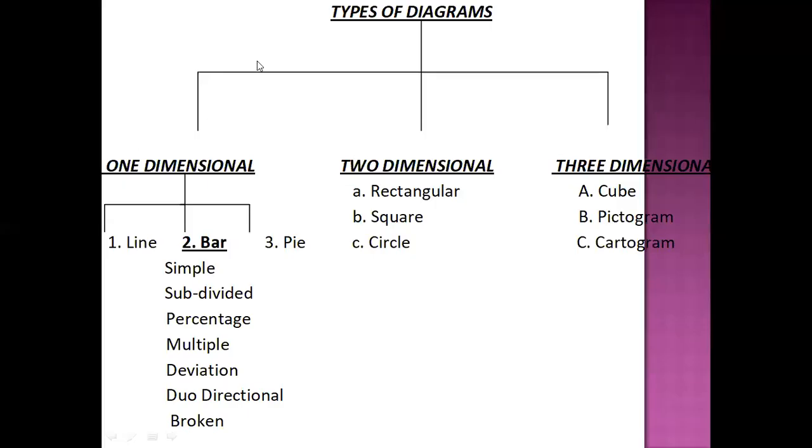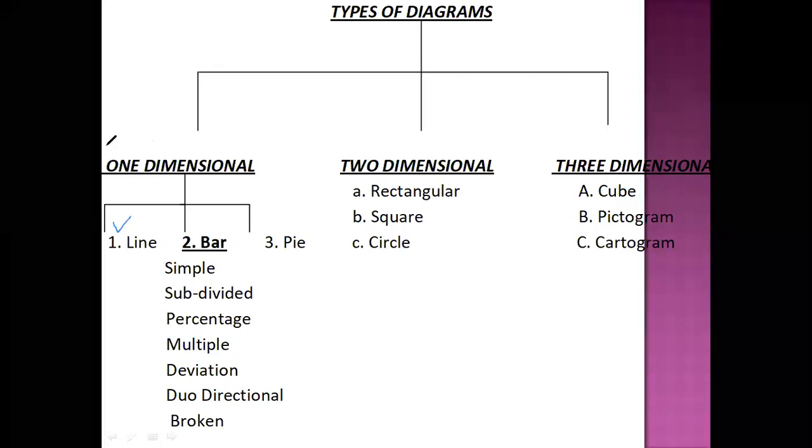So till now we have seen line diagram. We are in one dimensional diagrams, one dimensional bar diagrams. In bar diagrams, we are observing various kinds of bar diagrams.